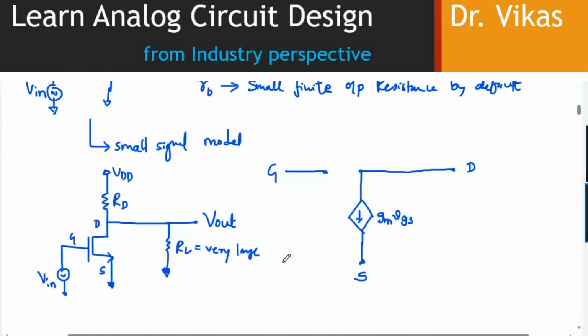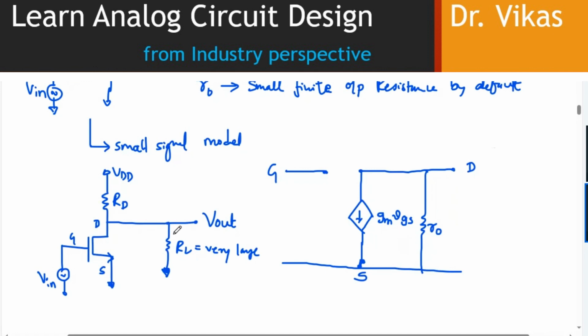So this is simply a MOSFET model, but with respect to this circuit, I have some resistors also included. The most important one is, first of all, I need to include the finite output resistance, small r0, that comes between drain and source within the channel.